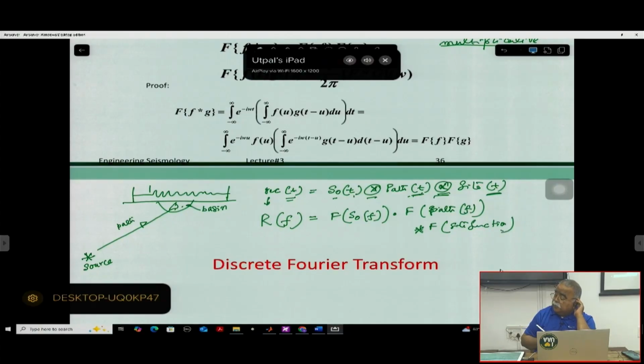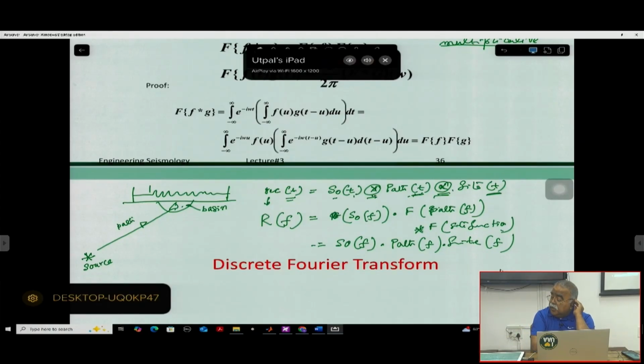Okay, so this is source function, path function, and site function. So these are basically your source frequency, then the path frequency, and then the site frequency. They are all multiplied with each other instead of a time domain convolution.